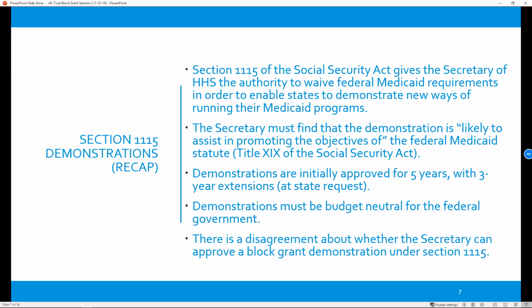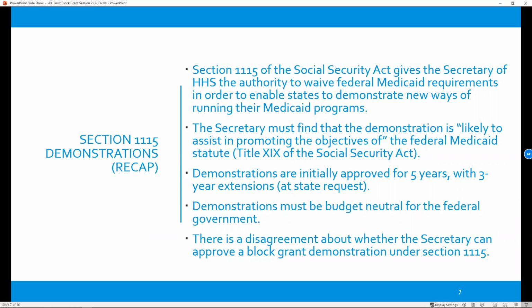So demonstrations are initially approved for 5 years. If the state wants to extend them, the extensions are available for 3 years at a time. The demonstrations have to be budget neutral, and that will be a major topic for conversation today. And there's a disagreement about whether this authorizes a block grant.